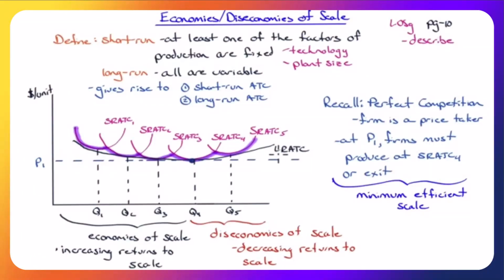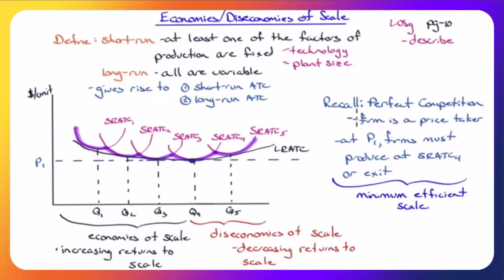There's your long-run average total cost curve. So at some point, we hit a minimum point among all the curves on SRATC4. Up to that point, this company is experiencing economies of scale. We have increasing returns to scale, because as we scale up and hit a new short-run cost curve, we keep decreasing our costs. Beyond there, we're experiencing diseconomies of scale, decreasing returns to scale.